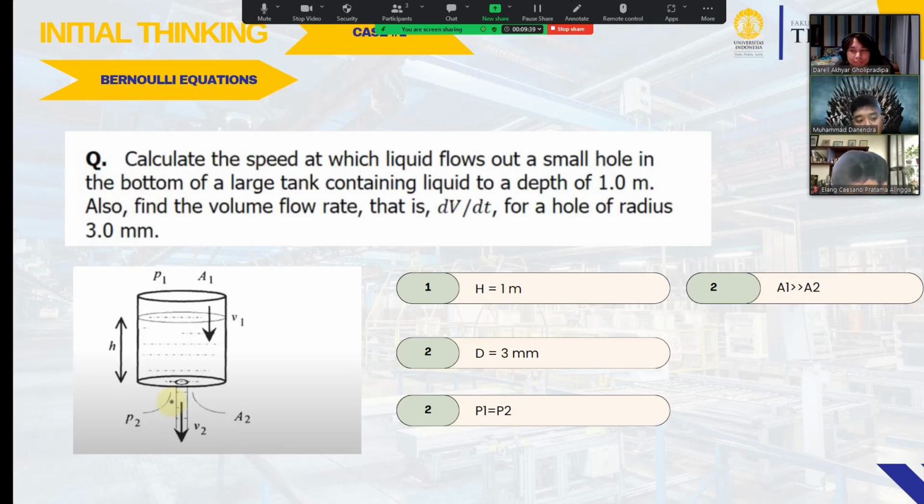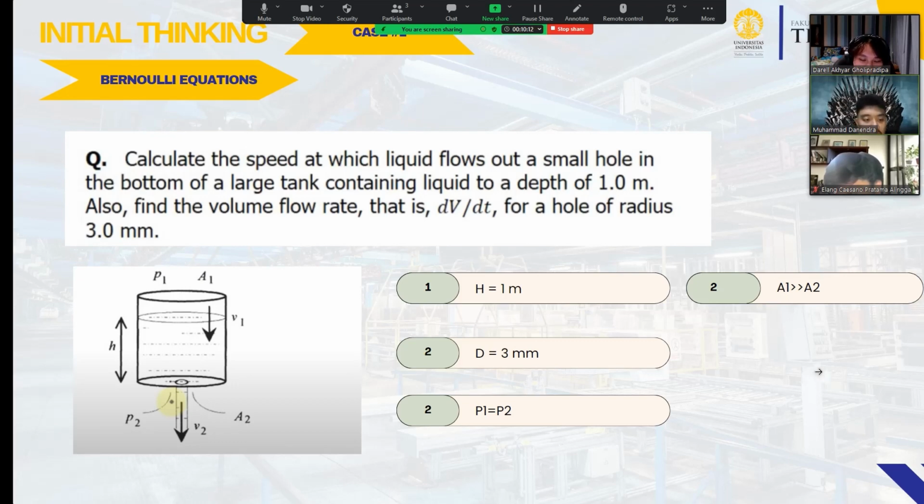As you know, in the Bernoulli equation, if the velocity is bigger, the pressure is smaller, and if the velocity is smaller, the pressure will be bigger. The variables that we know are the height, which is 1 meter, and the outlet diameter, which is 3 millimeters.